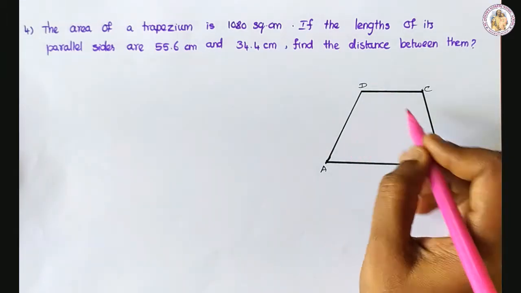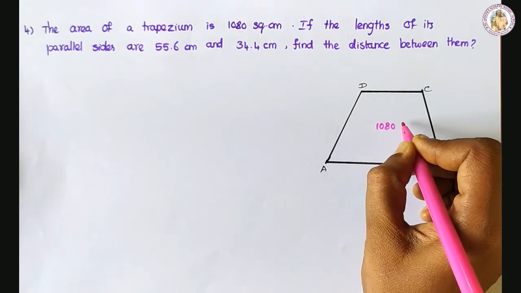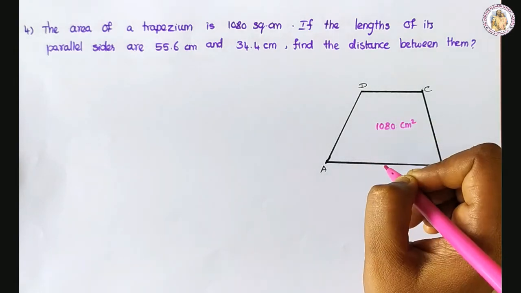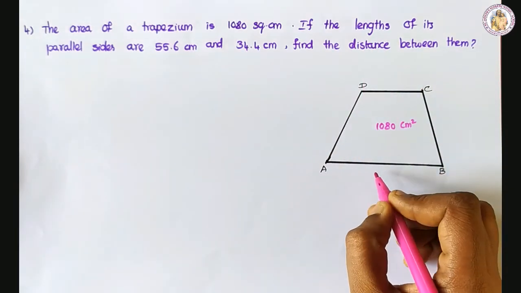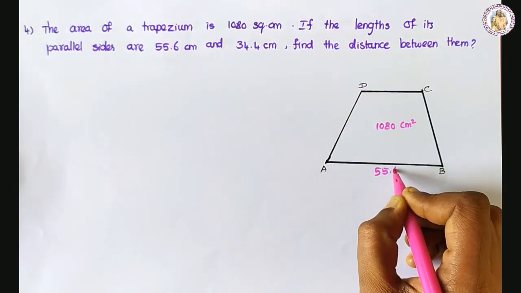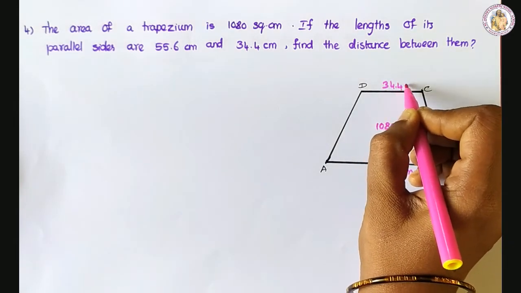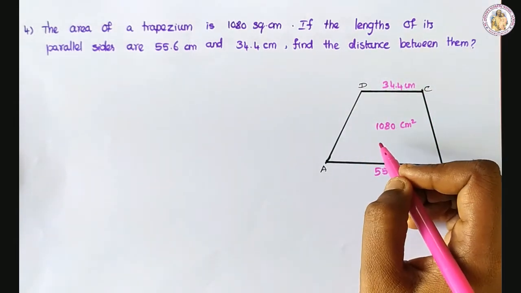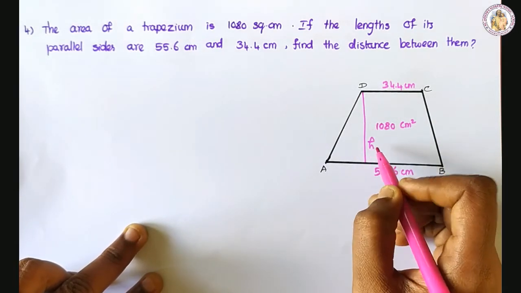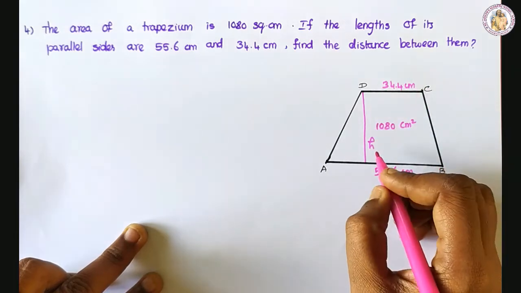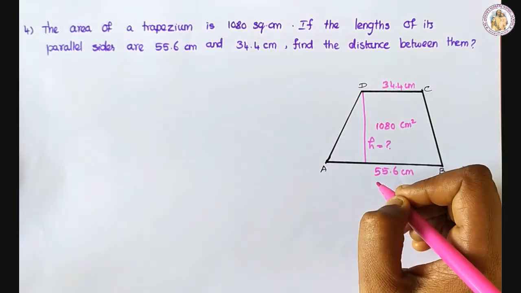Listen, they gave the area of trapezium, that is 1080 square centimeter, and the parallel sides, that is 55.6 centimeter and 34.4 centimeter. We have to find out the distance between the parallel sides, that is height. We have to find out.